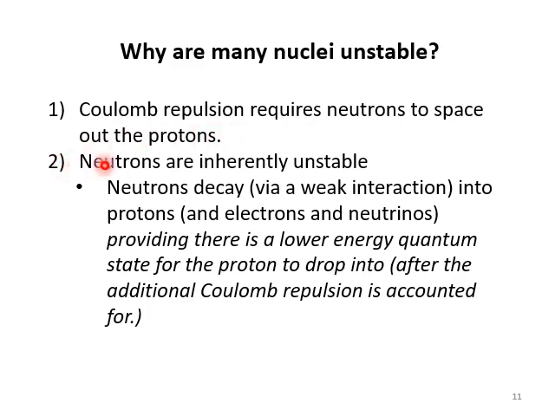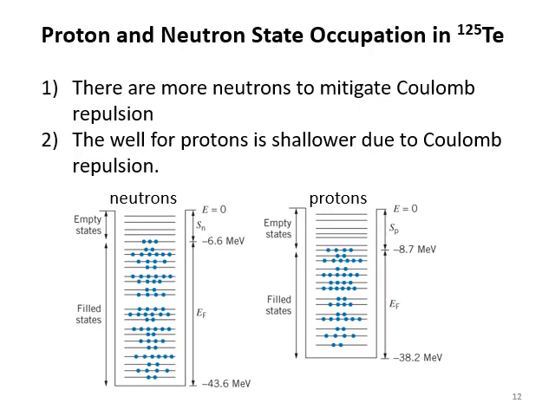And then we have the problem that neutrons themselves are inherently unstable. They decay in about 11 minutes into a proton and an electron and a neutrino. And they will do that in the nucleus as long as there's an actual lower energy state for the proton to go into after the repulsion is accounted for. I'll show you something about that on the next slide.